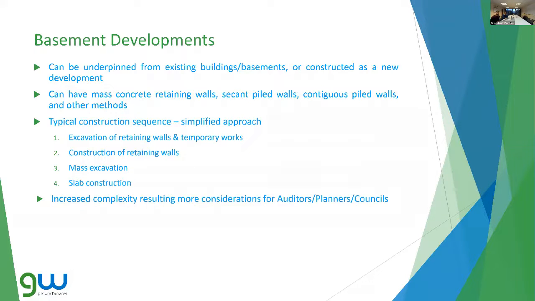A little bit of talking on the basement developments. So basements, and we do not really talk today about really deep commercial basements. We're talking about domestic basements, about 3 to 4 or 5 meters deep, which usually are in the form of underpins, and they can be underpinned from existing buildings or existing cellars or basements, or they could be new developments.